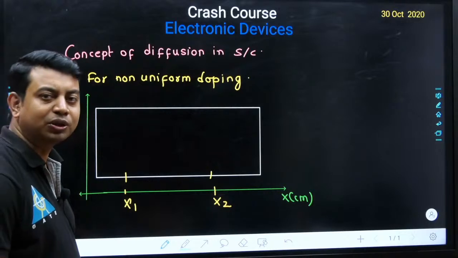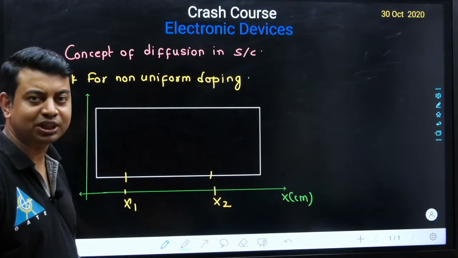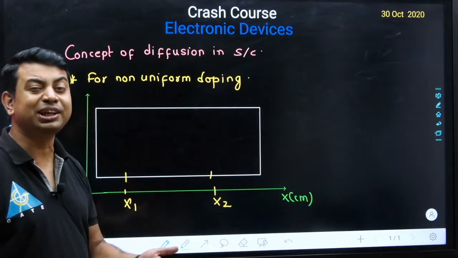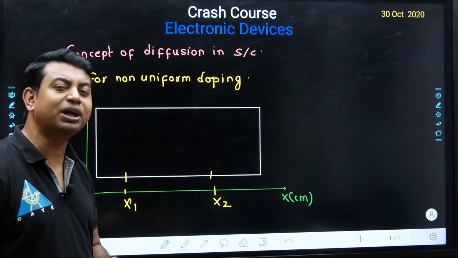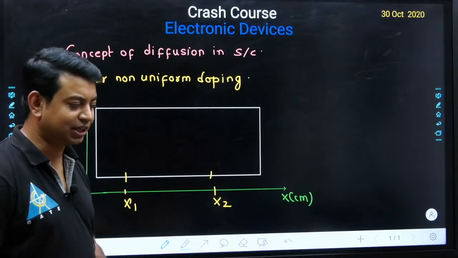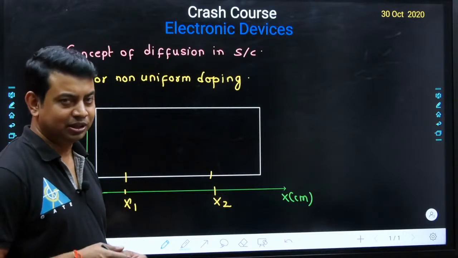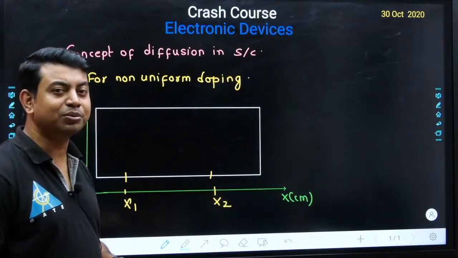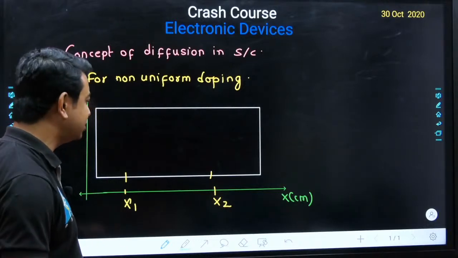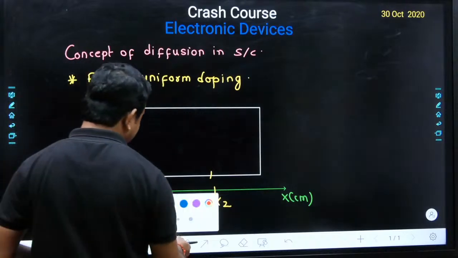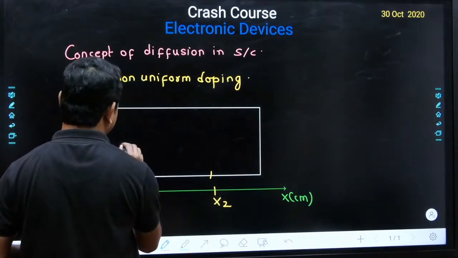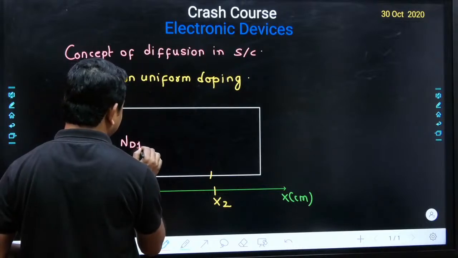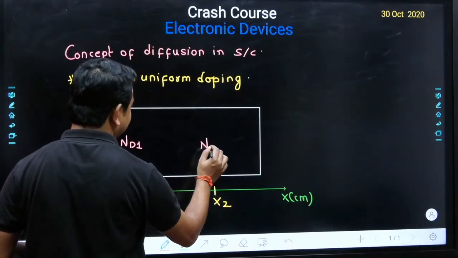Initially the semiconductor is made of silicon, and while adding the extrinsic material, that is the impurities, which are nothing but donor atoms or acceptor atoms, we are going to see whether the doping is uniform or non-uniform inside the semiconductor. Suppose the doping is non-uniform, then we have ND1 here and ND2 here.